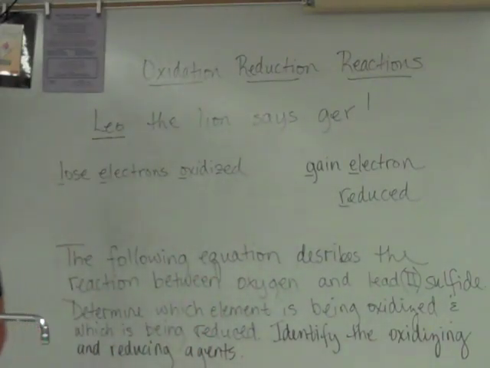Okay, so the following equation describes the reaction between oxygen and lead 2 sulfide. Determine which element is being oxidized and which is being reduced, and identify the oxidizing and the reducing agent. So here's our equation.